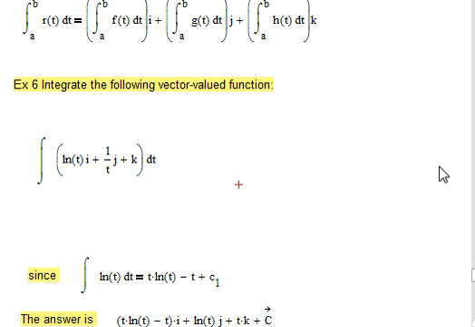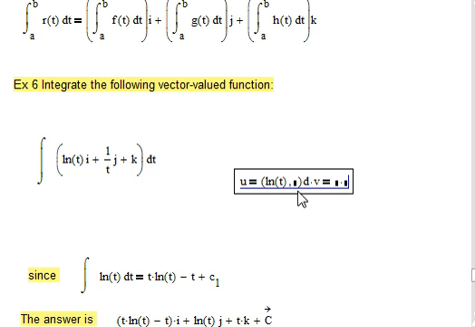You have to say something like, let u equal ln of t, and dv equal dt.